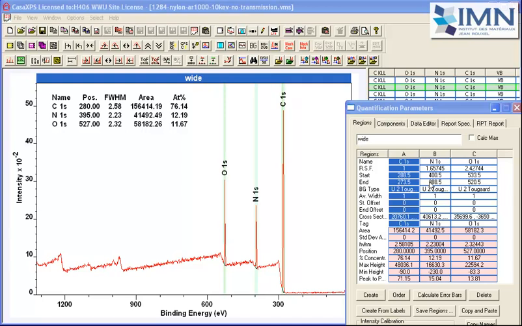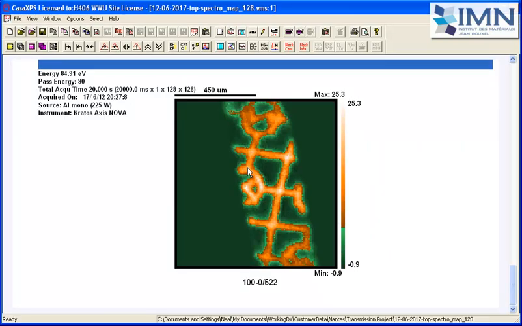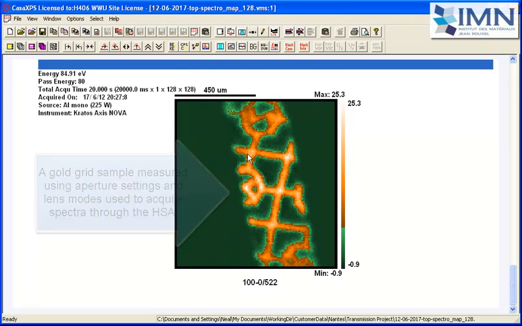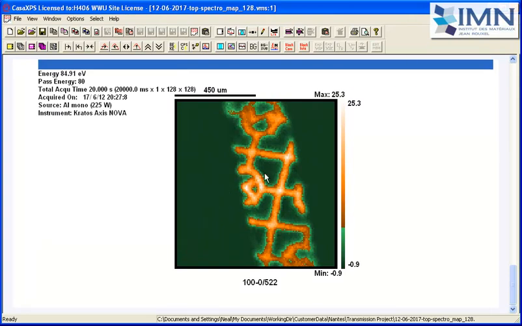And the next statement is actually about the instrument itself. This is an imaging instrument, and it has the advantage of, although we're measuring spectra using the spectroscopic mode through the deflection hemispherical analyzer, we can image the slit, or rather slot aperture, that is used to collect these spectra.